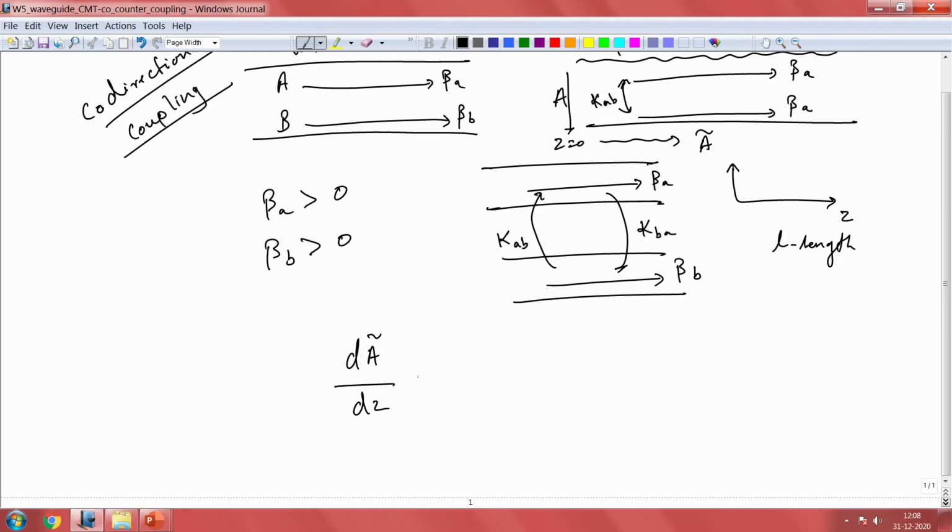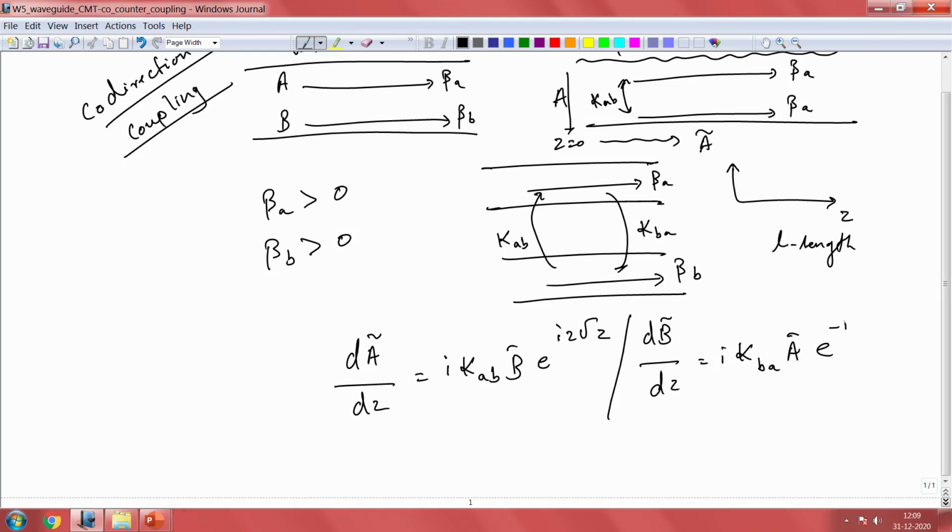So, dA tilde over dz is given by i kappa AB, B tilde e to the power i 2 delta z, and similarly for B, dB tilde over dz is nothing but i kappa BA, A tilde e to the power minus i 2 delta z.